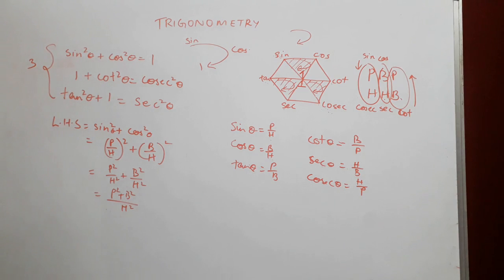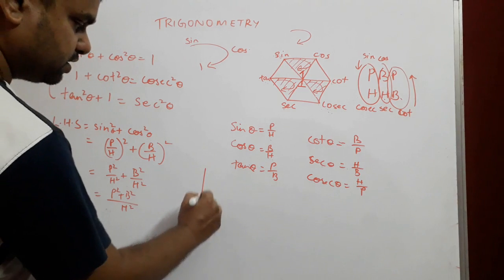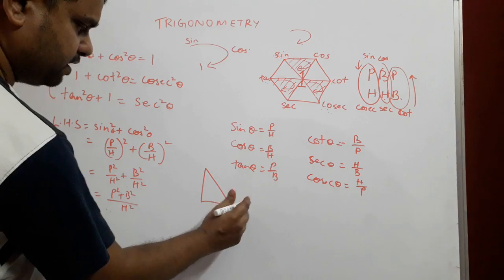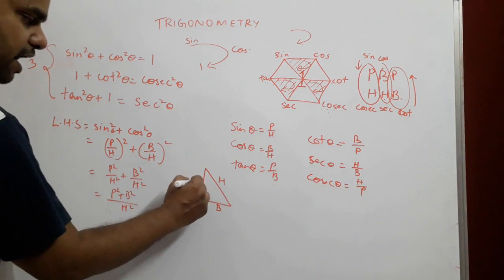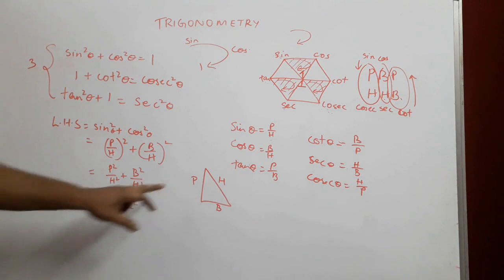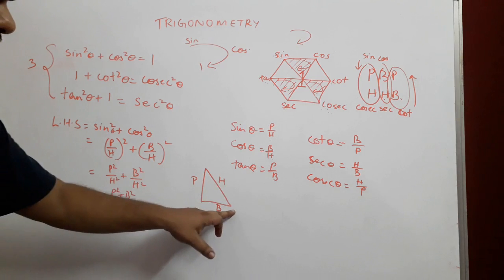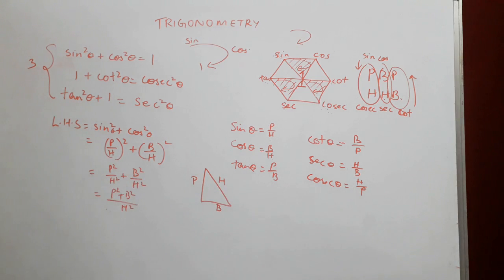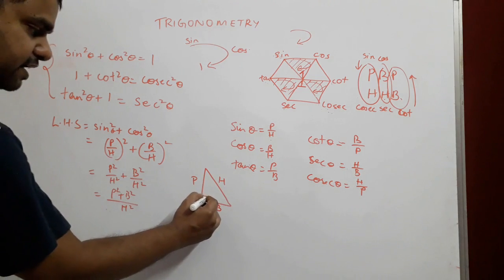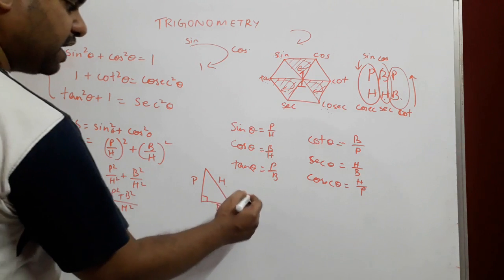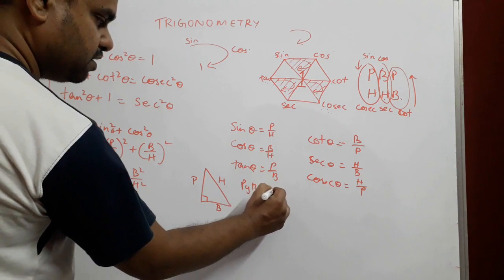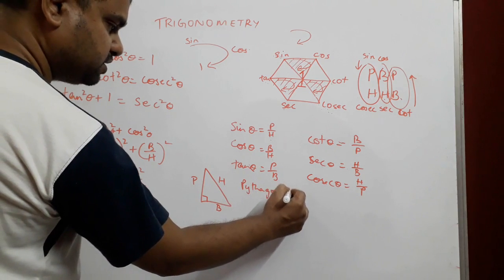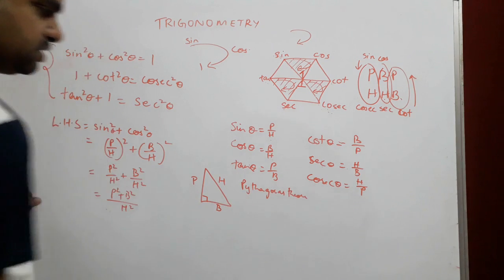Now if you have a look at our triangle, at any point of time you will have your h over here, your B over here, and your P over here. P stands for the perpendicular, B stands for the base, and H stands for the hypotenuse. Since this is a right angle triangle, we can apply the Pythagoras theorem. And what does the Pythagoras theorem say?